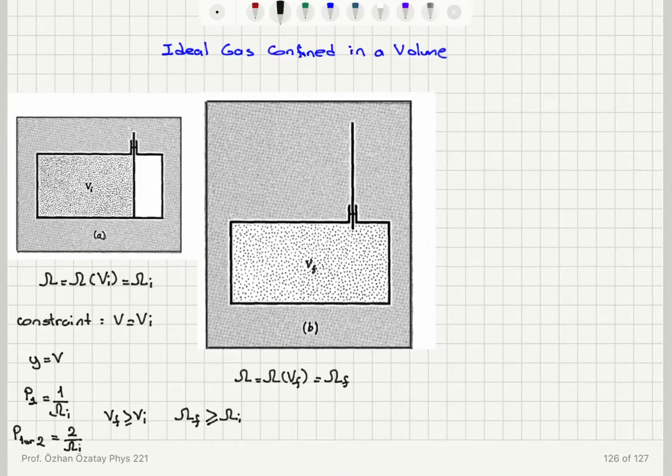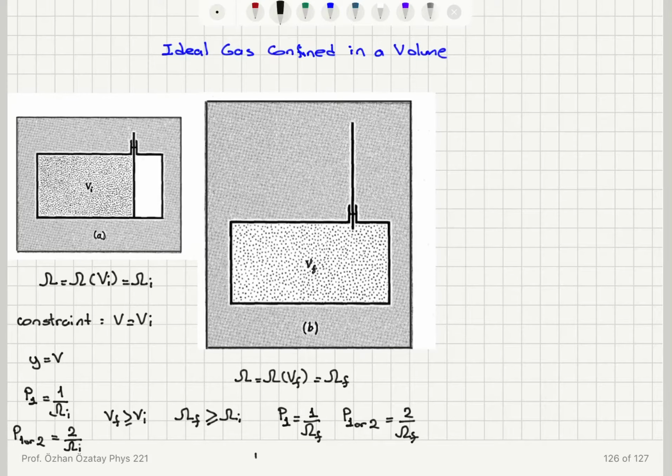And similarly for the final volume, the probability of having one accessible state is going to be given by 1 over omega final. Probability of having the first or the second accessible states will be 2 over omega final.